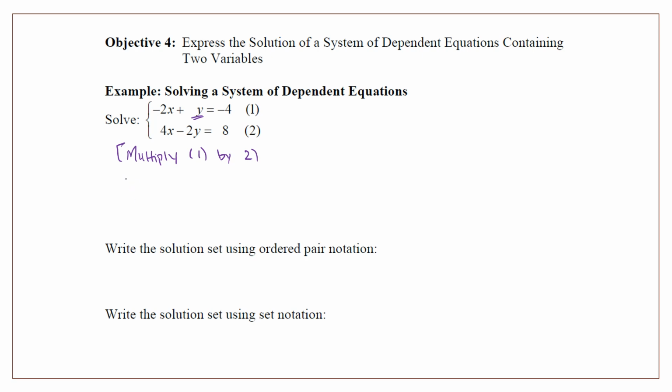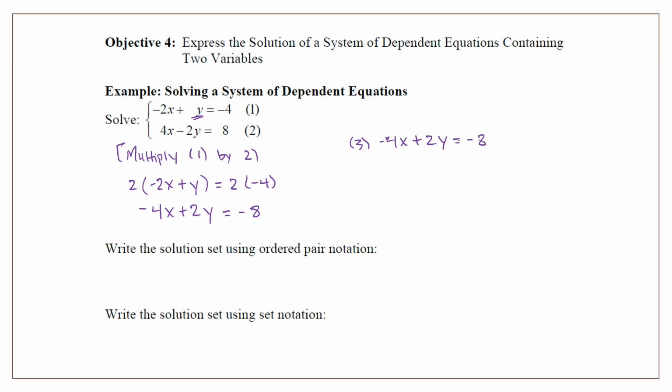So I will multiply 2 on the left side and 2 on the right side. Next, I will simplify those sides to get my new equation. Negative 4x plus 2y equals negative 8. So this will be my new equation, equation 3. So negative 4x plus 2y equals negative 8.